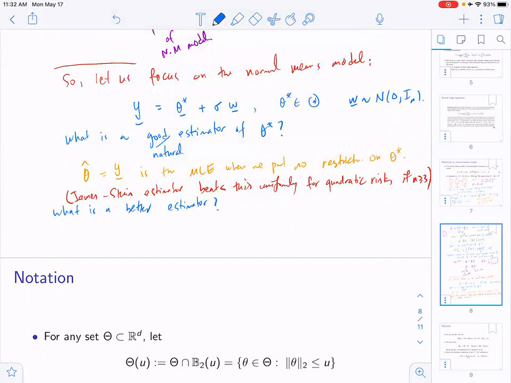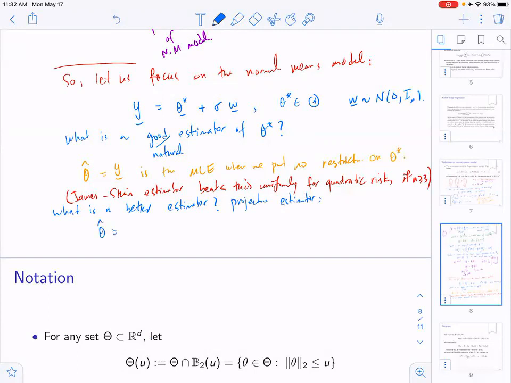Anyone? I'm guessing you can project this estimator into the space of theta star, capital theta. Great, yeah, so that would be the projection estimator, similar to the functional version we discussed.